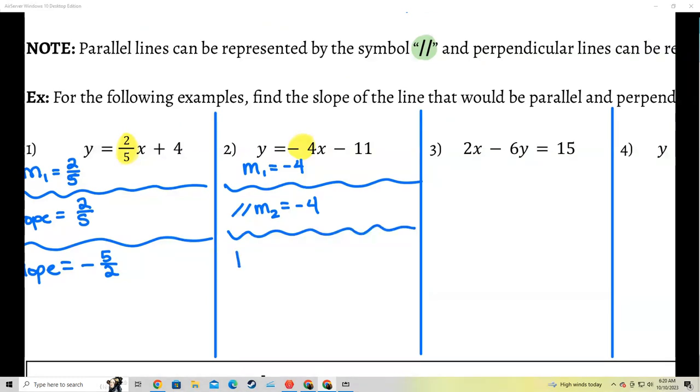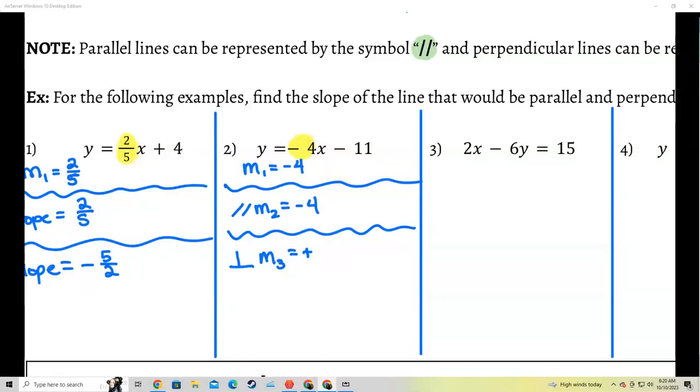However, if I want a perpendicular slope, then I can't use that negative 4, right? I need to take the opposite reciprocal of it. My third slope, for the perpendicular line, I need to do the opposite reciprocal. So remember, you need to change two things. That negative needs to turn into a positive, and that fraction of 4, that's not really a fraction.